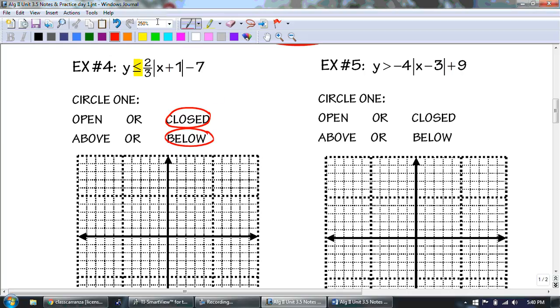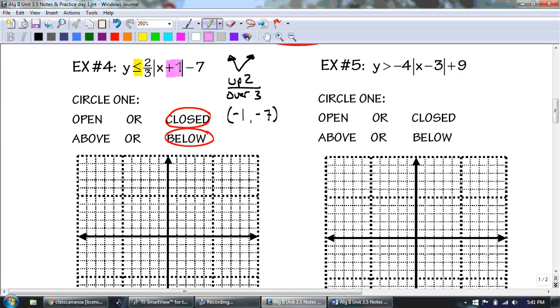That 2/3 is positive, so there's no reflection. The 2/3 is telling us to go up 2 over 3. And then for the vertex, we take the opposite, and then the other number stays the same.